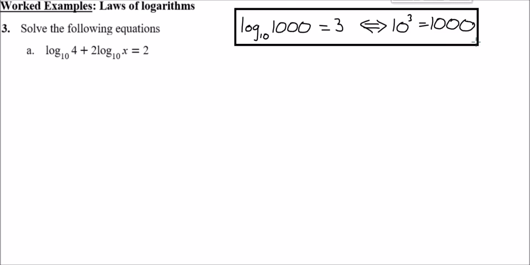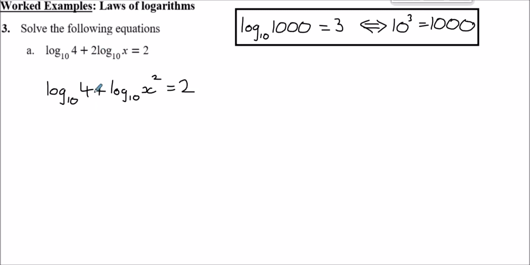Just put this there just as a reminder. So this one here, we can combine this into one log. So log base 10 of 4 plus log base 10, this 2 can be put here, of x squared equals 2.